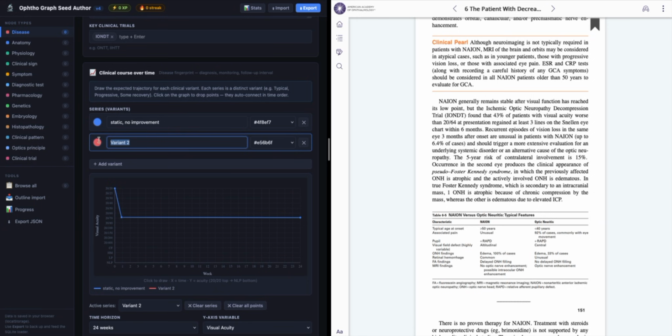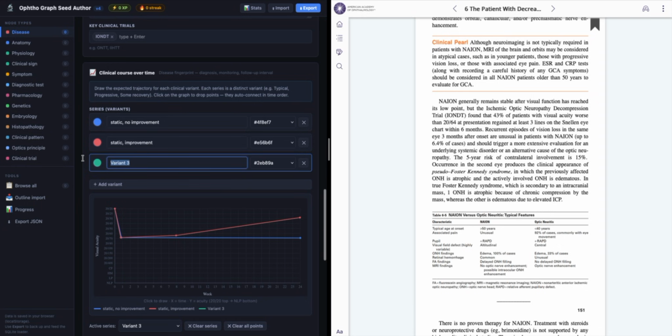And then the next one will be static with improvement. And it usually doesn't start improving until a little bit later, but maybe it improved a little bit, and then we'll see some improvement over that period of time, right?